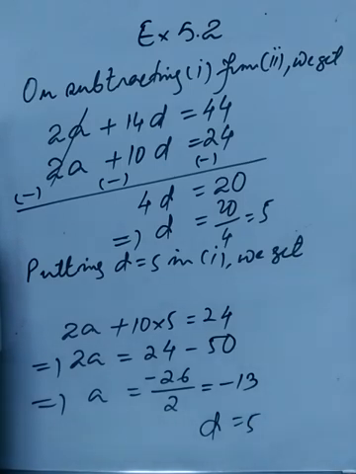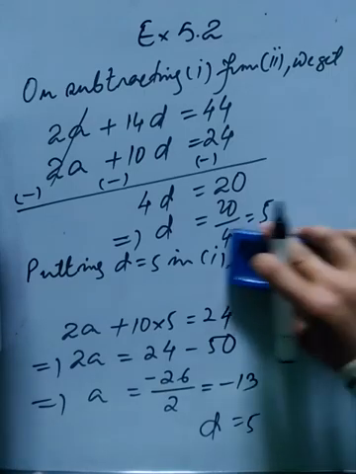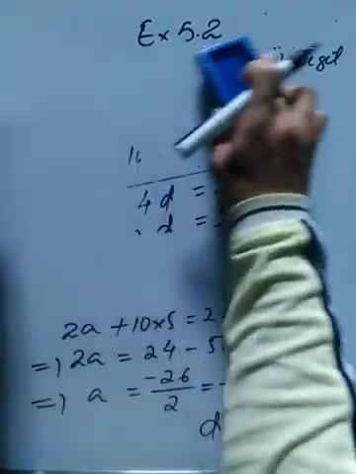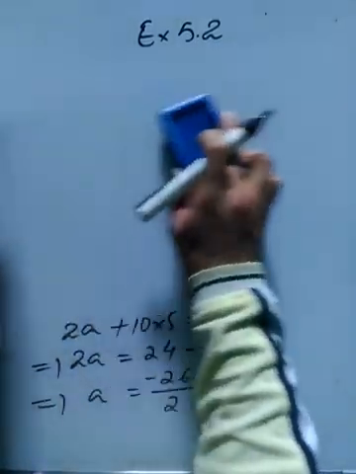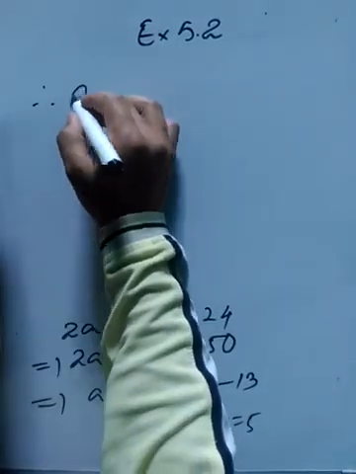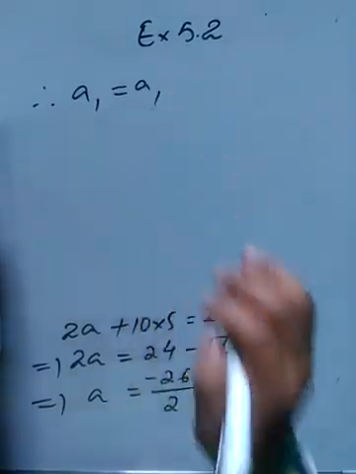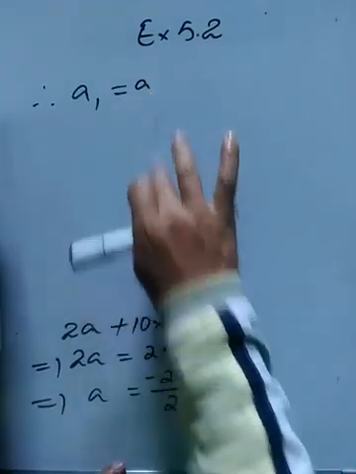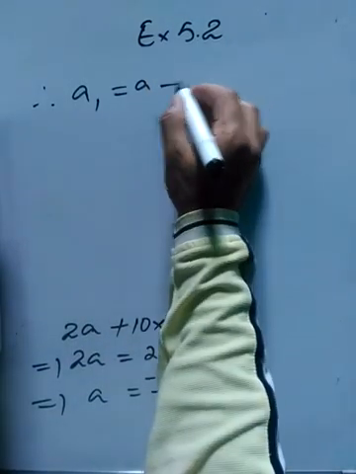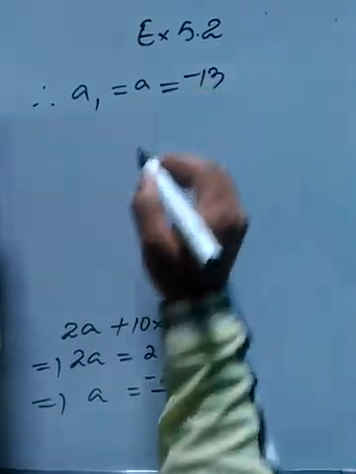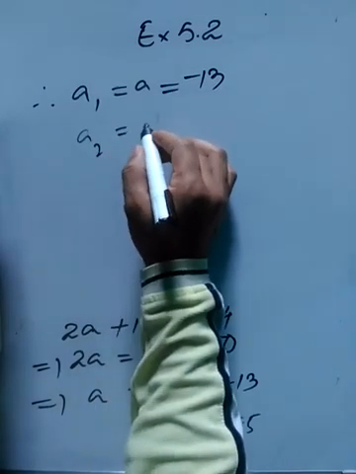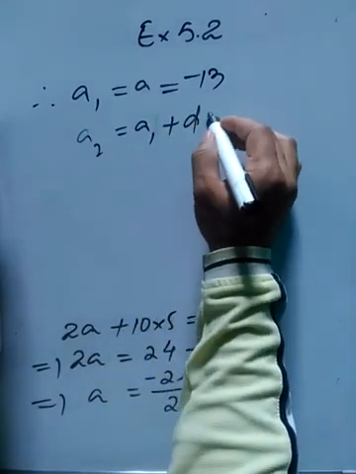So we can find the first 3 terms. That means we have to find a1, a2 and a3. Therefore a1 means a only. We got the value of a as minus 13, so a1 is equal to minus 13. Next a2 is a1 plus d.